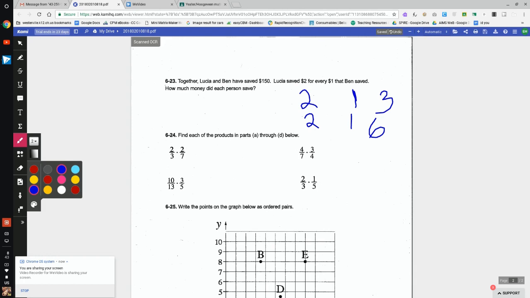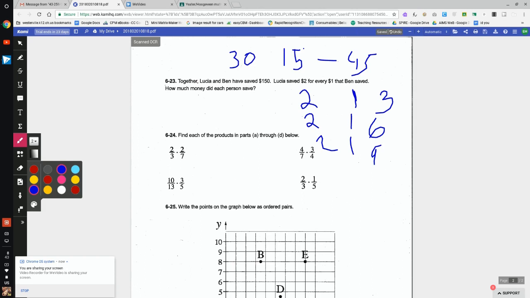You could keep going. I've seen students go all the way down to 2, 1, and that might take you all day. So I like to play around with the numbers. So I kind of just throw a number out there. Let's say Lucia saved maybe $30. So then for every 2 Ben has 1. So then there's 30. So now we're only up to 45.